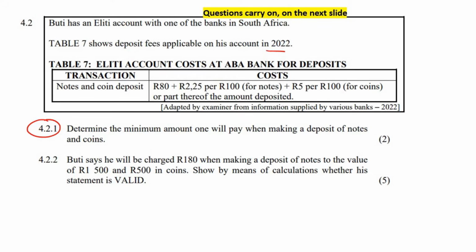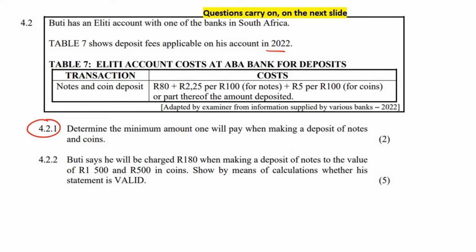Then they're going to charge you 2 Rand 25 for every 100 Rand that you deposit, and that can be notes, it can be 10 Rands, 20 Rands, it doesn't matter, but you're going to be charged 2 Rand 25 for every 100 Rand that you deposit, and then you're going to be charged 5 Rand for every 100 Rand in coins, okay?